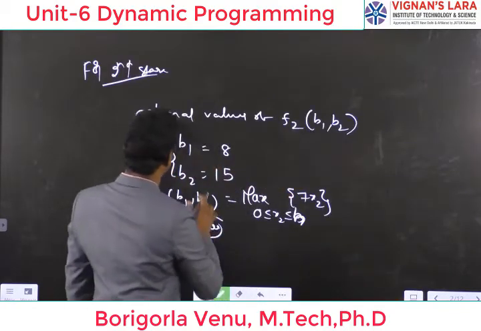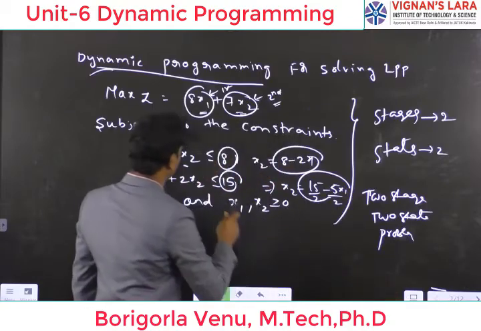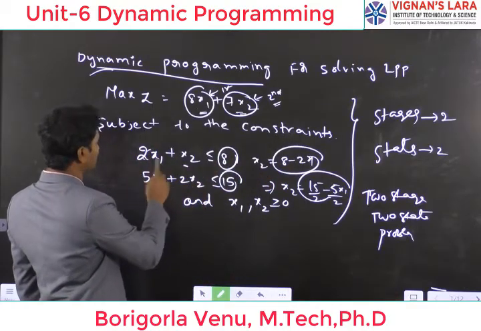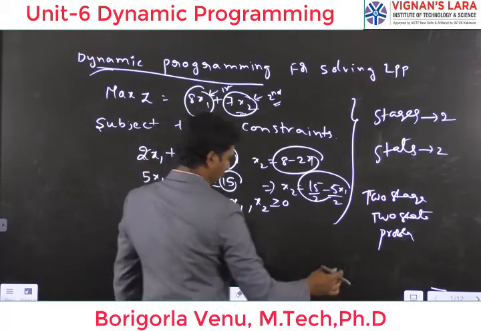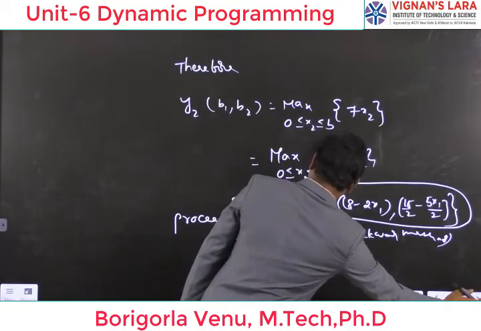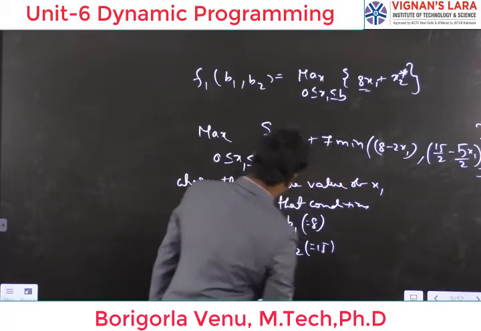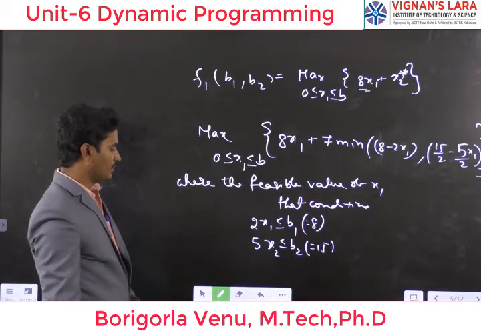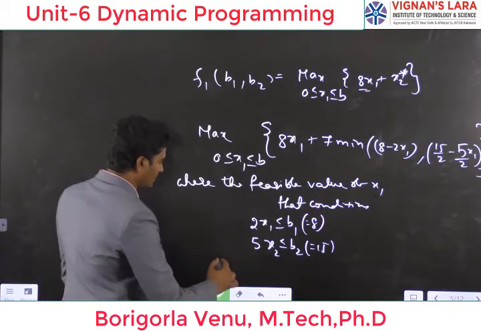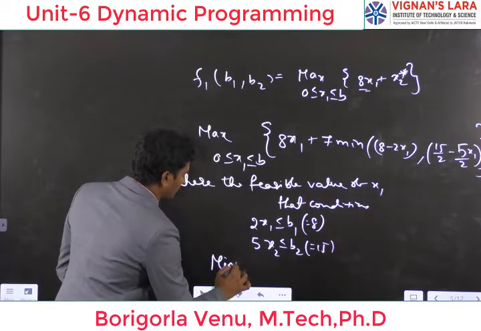Here from this we get the values. The given constraints are 2x1 less than or equal to 8 and 5x1 less than or equal to 15. Here, instead of x1 we have to take 2x1: 2x1 less than or equal to b1, 5x2 less than or equal to b2. Here we are going to calculate the minimum value.